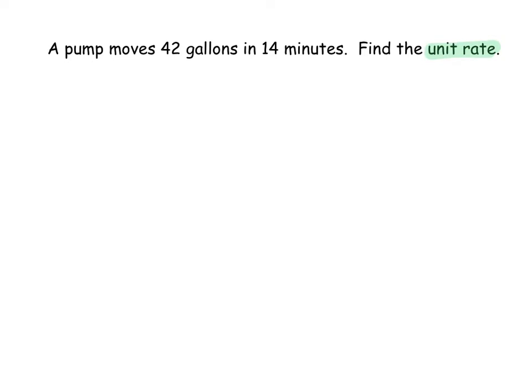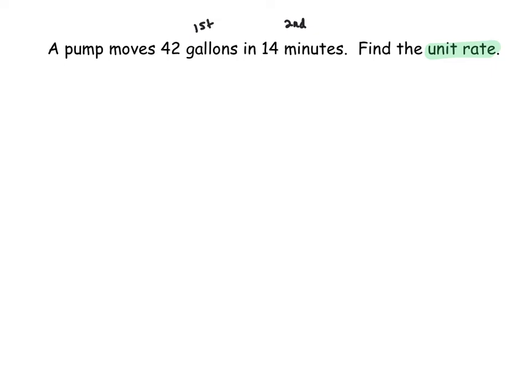However, that means the amount of the first quantity for one of the second quantity. So we're going to have to do a little bit of work to figure out what they're asking us. So the first quantity that they mentioned is gallons. So we need to know how many of those for one quantity of the second.